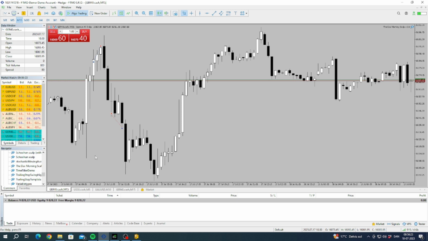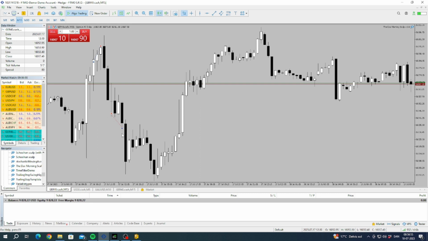The strategy is a breakout scalping strategy that utilizes pending orders, and the pending orders will be placed at 9:30 Central European Time every day. And you can actually see the trades I took yesterday here. Here was the first trade. So we broke out of the range and we had a quick little scalp here.